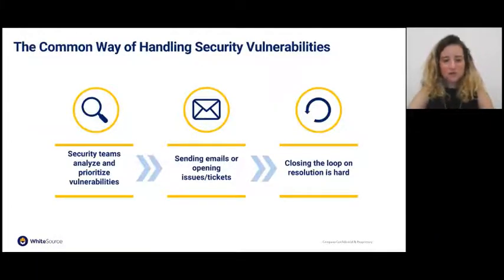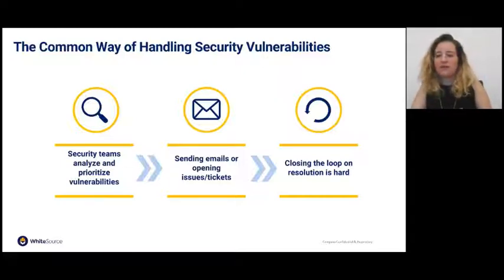Now let's discuss the common, traditional way of handling security vulnerabilities. Traditionally, and in many organizations, by the way, this is still the case, the security teams analyze and prioritize the vulnerabilities.